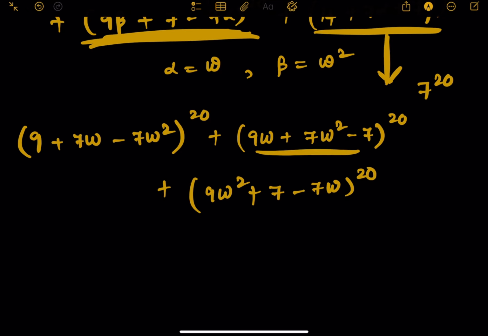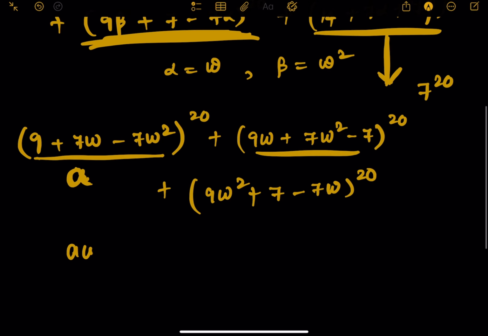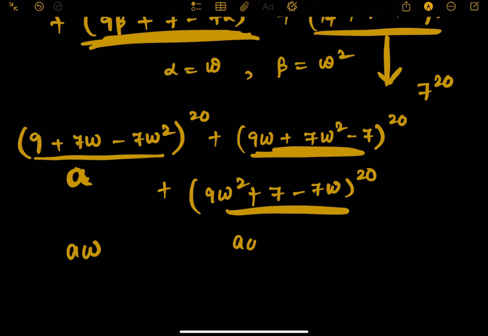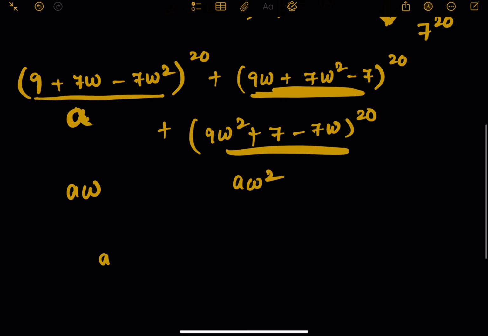So what is this term? It is just a multiplication of this term. Let us say this term is A. All right. So when you multiply A with ω, you will get this term. And what is this term? It is simply Aω². All right. So the first term is A^20. The second term is (Aω)^20.